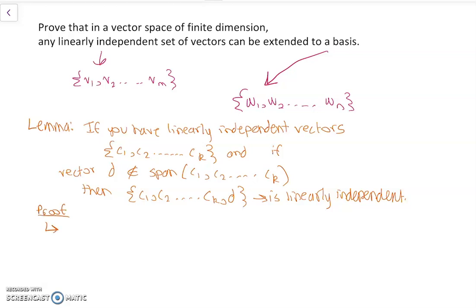So we can do a proof by contradiction where we assume we can find lambdas, lambda 1 c1 plus lambda 2 c2 plus dot dot dot plus lambda k ck plus lambda k plus 1 d equal to 0, where not all lambdas are 0.